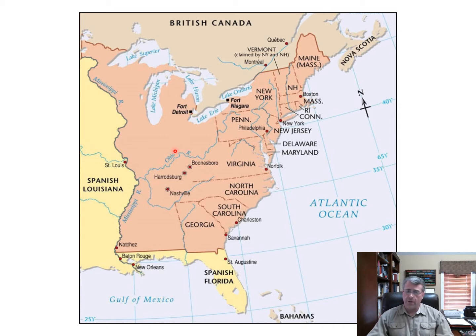So the federal government now is going to try and organize the settlement of the frontier, and we're talking specifically about this Northwest Territory, all the territory north of the Ohio River. We want to make sure that it happens in an organized fashion. So this is where our land ordinances come into play.